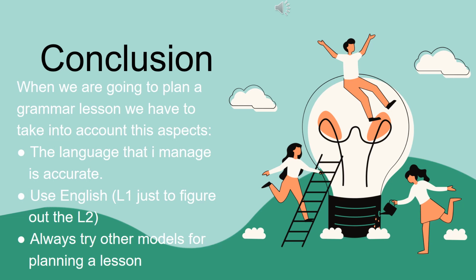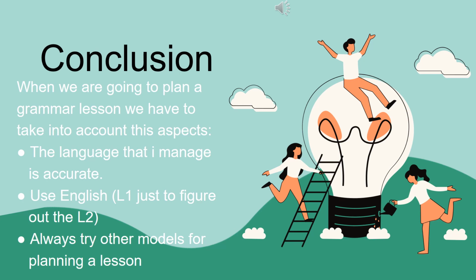And the third one is always try another model for planning a lesson. As you saw before, we have been working with PPP. That means presentation, practice, and production. But you can also use other models that are, for example, TTT, test-teach-test, or ARC, authentic use, restricted use, clarification, and focus.